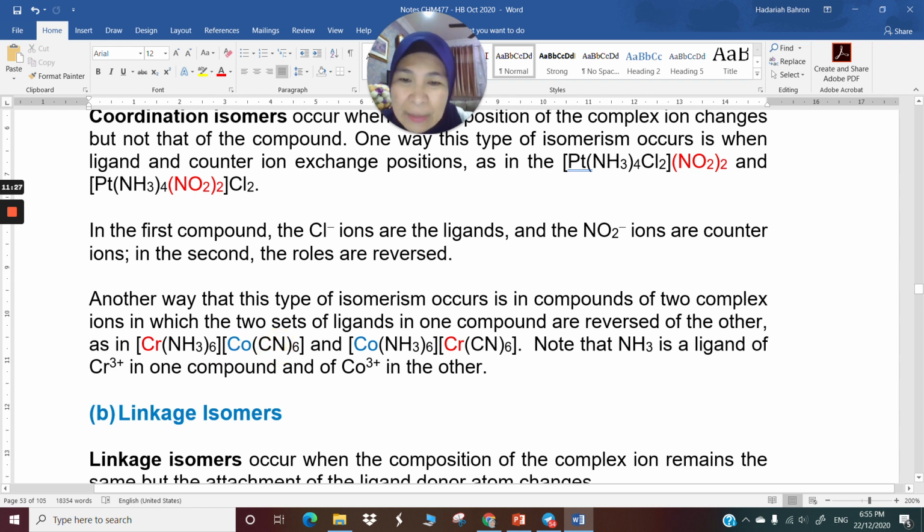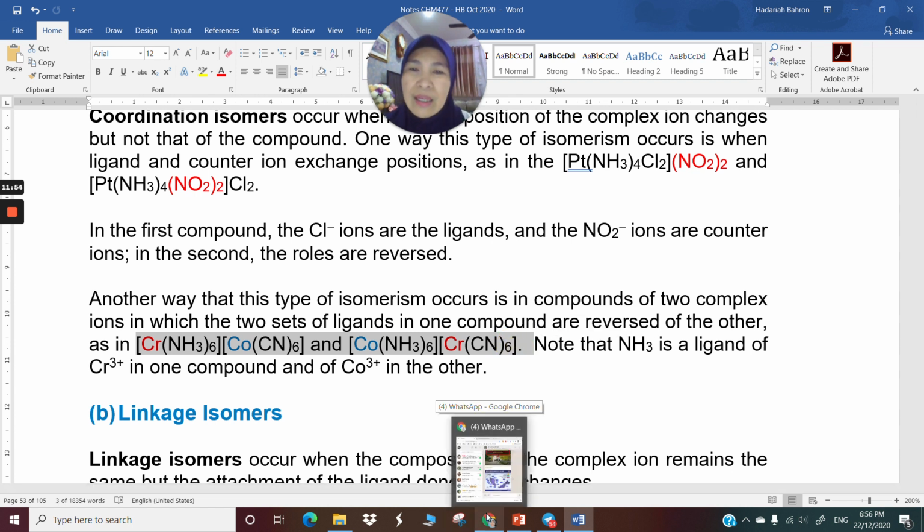But that can exchange place in the second isomer, another coordination isomer, where cobalt is now attached to 6 ammonia and chromium is attached to 6 cyano. So these two compounds that I highlighted, each compound having two complex ions, are coordination isomers.